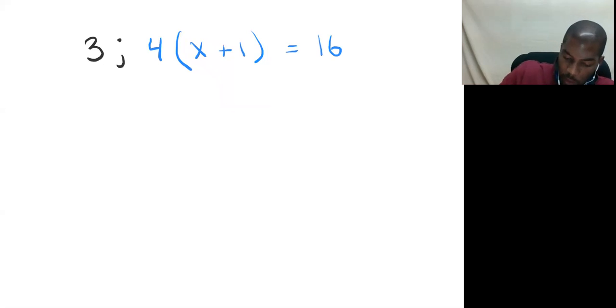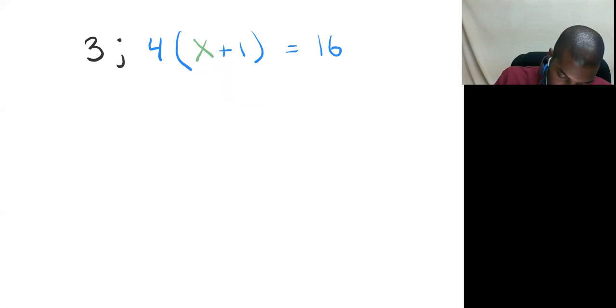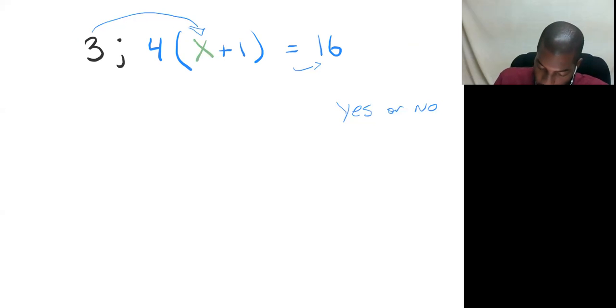What I'm going to do is replace the x with a color-coded x, so you know what we're going to substitute. The question is, if you place 3 into this spot for x, will the equation turn out to be 16? The answer is going to either be yes or no. Is 3 a solution? So how do I solve this?